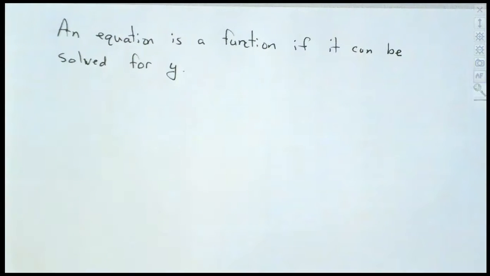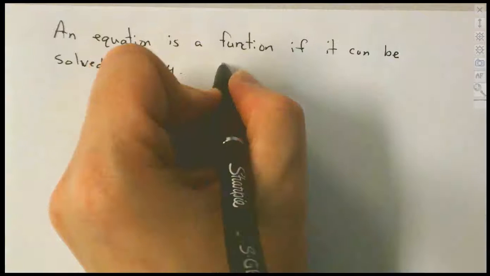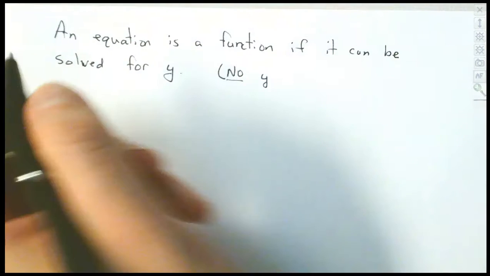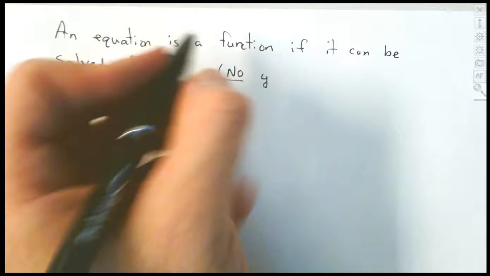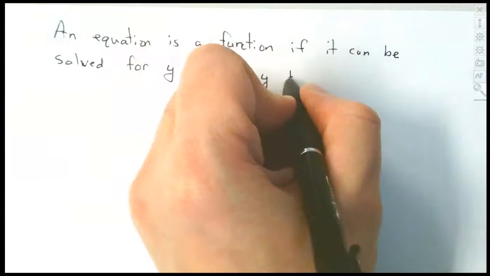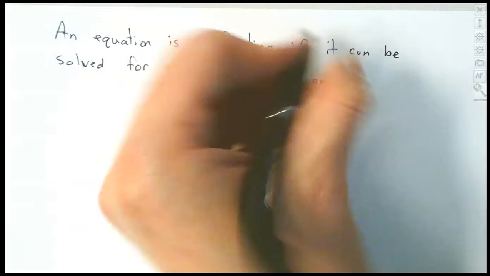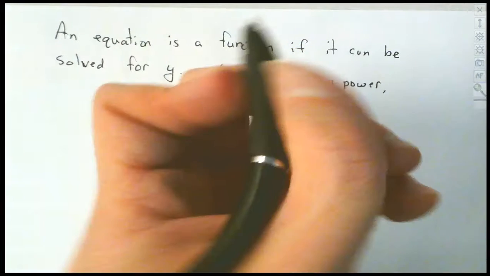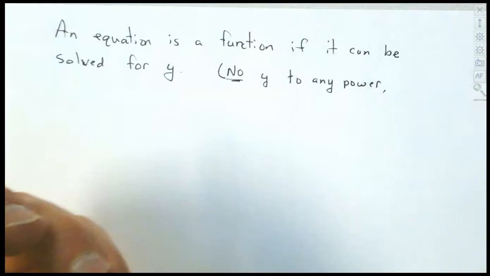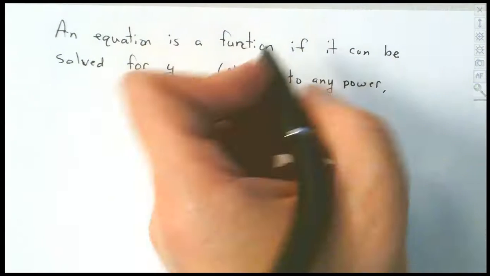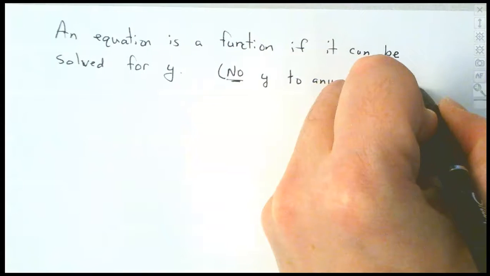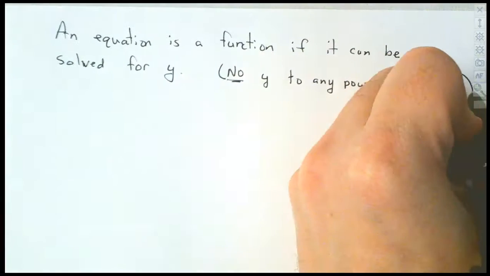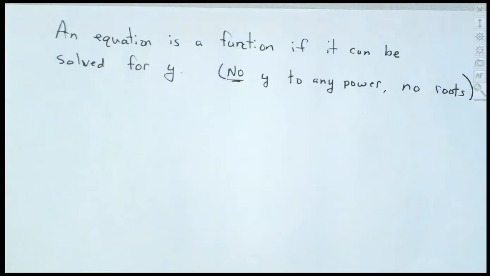Okay, so we have to be able to solve it for y. And so that means no y to any power, no y inside of a root, none of that. No y to any power, no roots, no absolute values with the y.